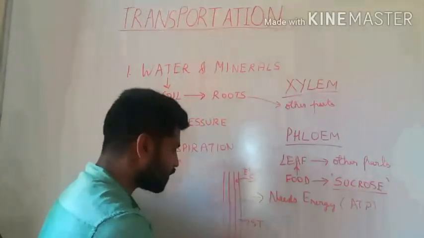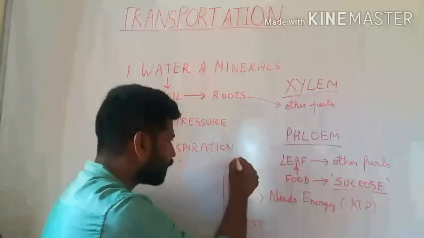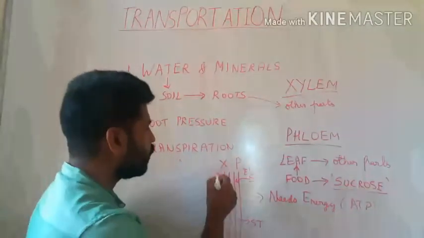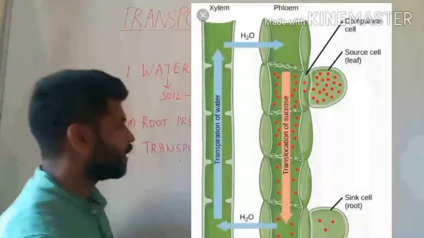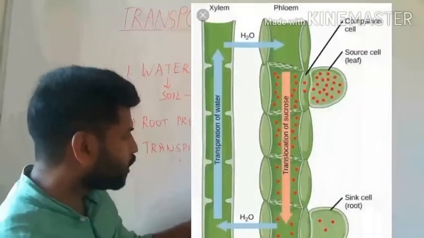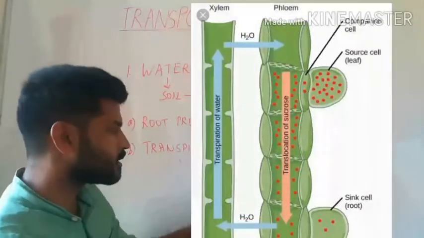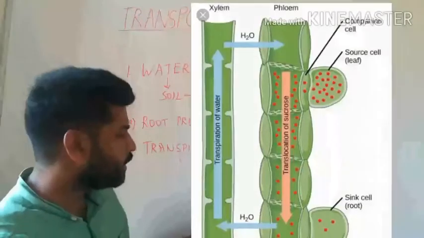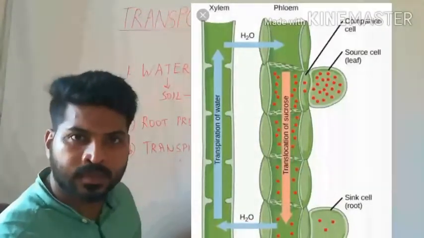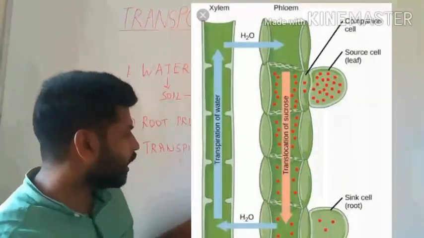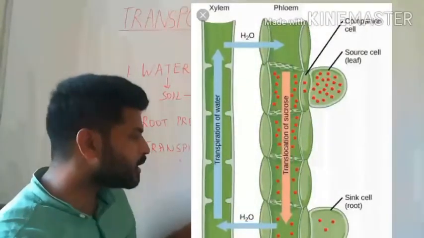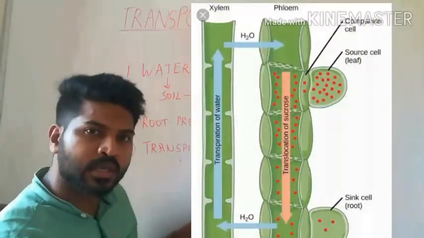Both are present together. This is your phloem. This is your xylem vessels. When the sugar concentration increases here, what happens? Water concentration will decrease. Whereas on the other hand, in the xylem, water concentration is more, sugar concentration is less.